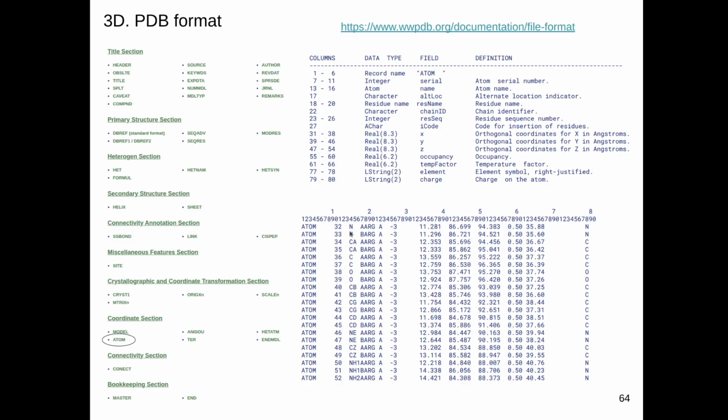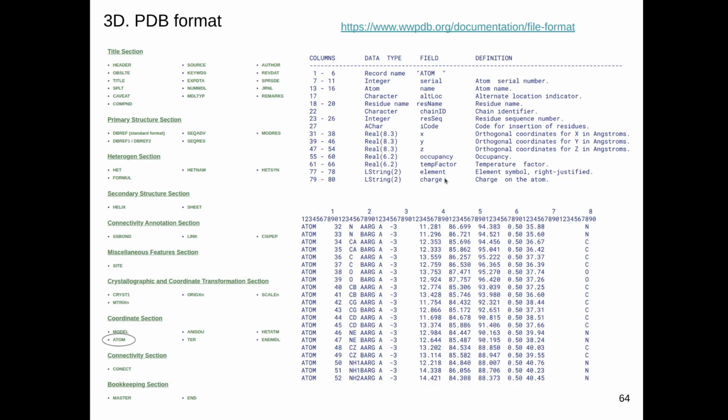So it's a very strictly defined and very well documented format. And thanks to this specification, we can have no separators between consecutive fields. Here, for example, the alternative location and residue name are merged together, but thanks to this specification, we can understand where is what.